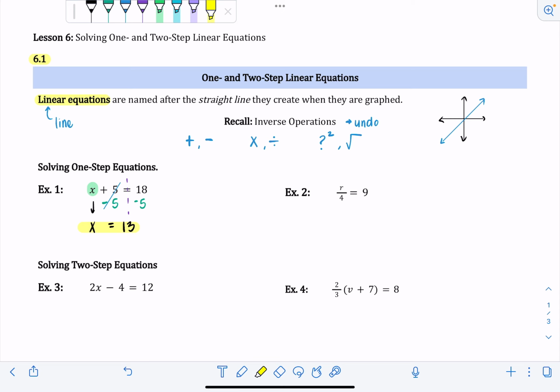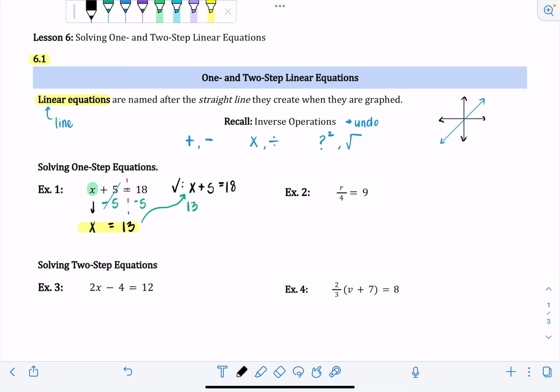And remember, when you're solving equations, you can always check. I'm not going to check every one for time's sake, but to check, you take your original equation, x plus 5 equals 18, and put the solution you got for x back in where x goes.